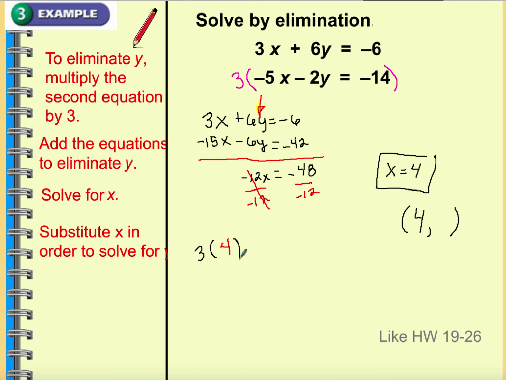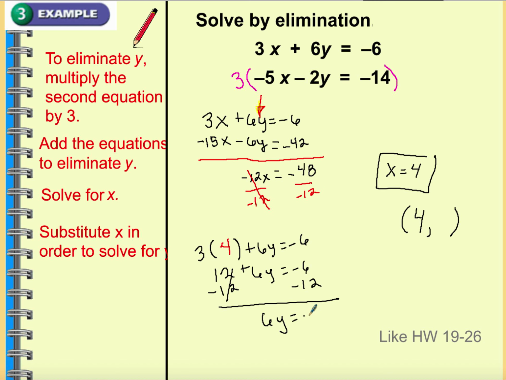So 4 times 3 plus 6y was equal to negative 6. And we're just going to solve it for y. 3 times 4 is 12. And I'm going to move all my constants to one side, so I'm going to subtract 12. And I get 6y is equal to negative 18.